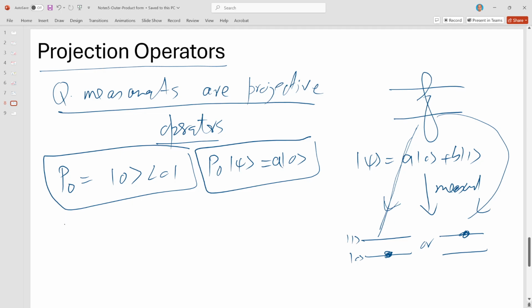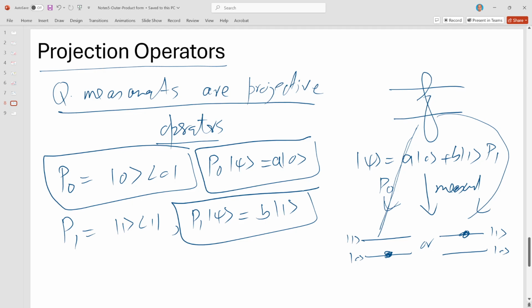Similarly, we can construct a projection operator that projects our state to the one state like this, because when we apply it to the state psi, we get some coefficient times the one state. So this is a projector that projects our state to the one state, and this is a projector that projects our state to the zero state.